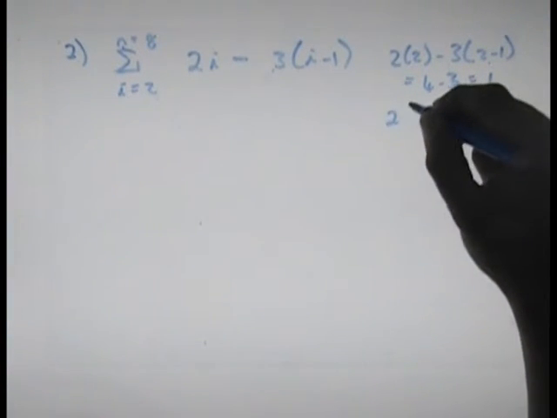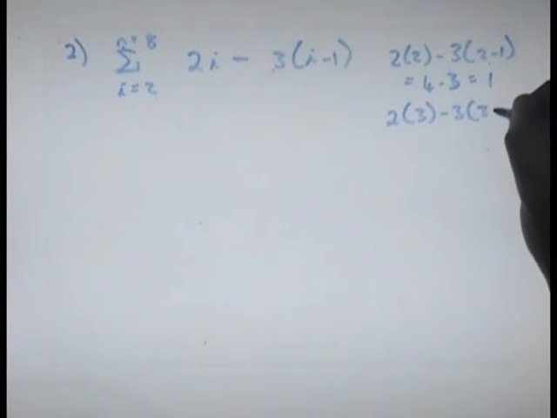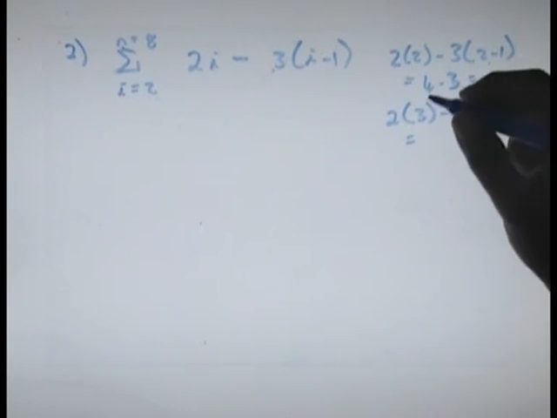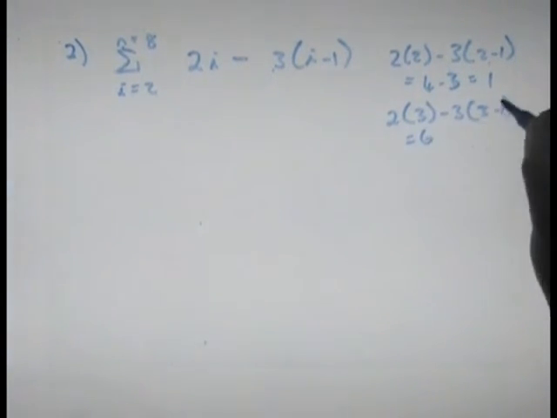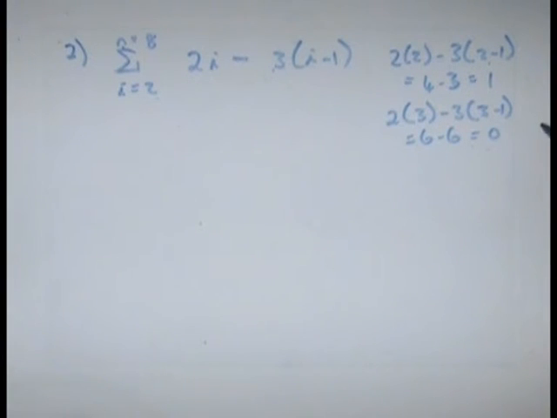My second term is going to be 2 times 3 minus 3 times 3 minus 1, which is going to equal 2 times 3 is 6. 3 minus 1 is 2 times that is minus 6, which is equal to 0.